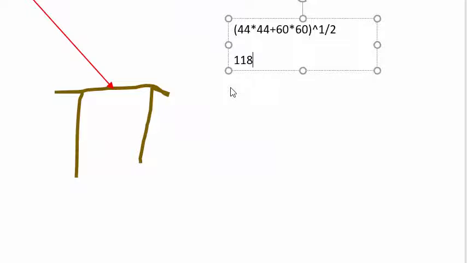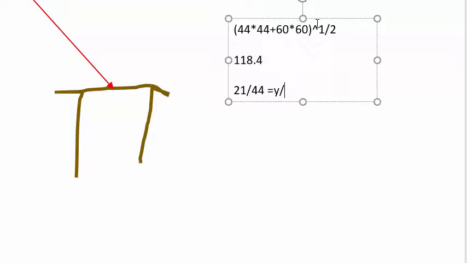So we know that we have two triangles that have the same angle. You could do the tangent and say opposite over adjacent is the angle, and then given the adjacent, find the opposite. But you can also just do a ratio. So you can say that 21 is to 44 as what is to the new distance.